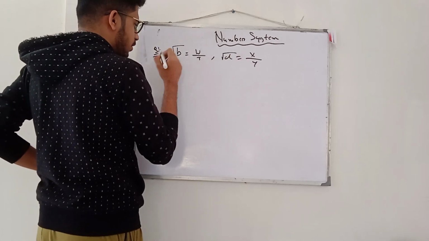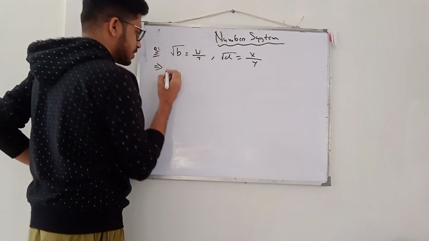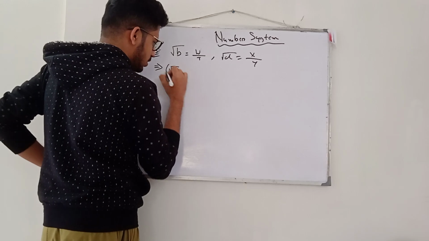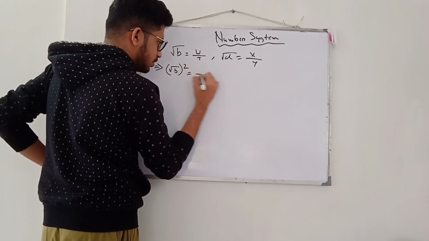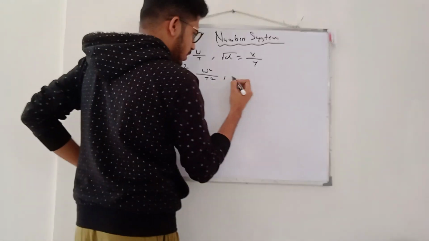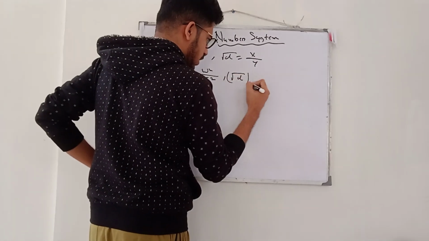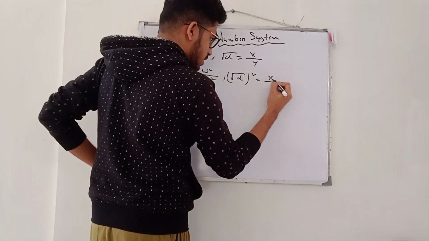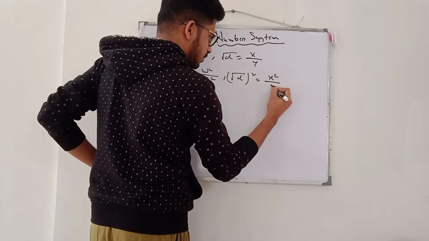So after squaring both sides, root b whole square is equal to w square by t square, and root d whole square is equal to x square by y square.